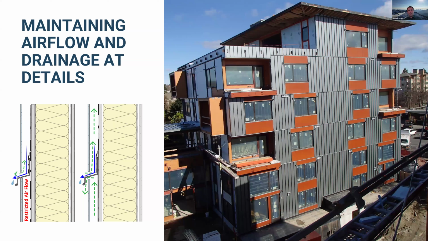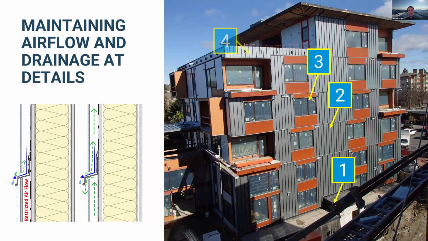All right, so once you start thinking about where you might have restrictions on this rain screen ventilation cavity, there's a lot of them, right? So we've got to think about the base of the wall here. How does air and water drain out of there? Think about the through wall flashings, the head flashings at windows, right? This parapet detail here.